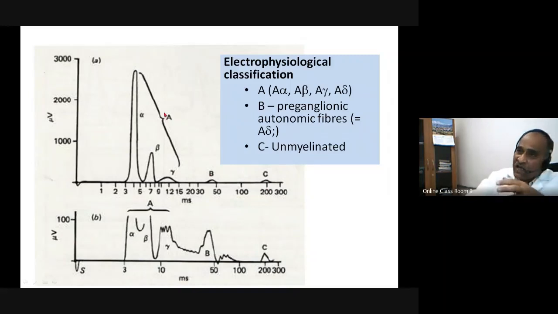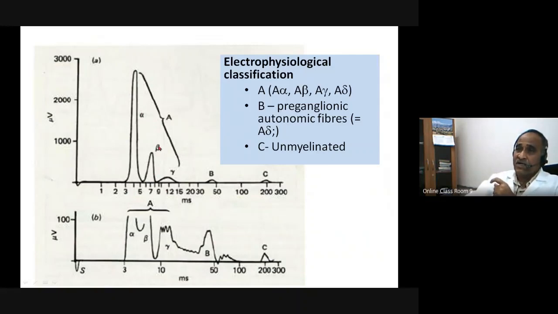Once after discovering A, B, and C, they found sub-peaks. Different other peaks appear according to the conduction velocity of those nerve fibers.